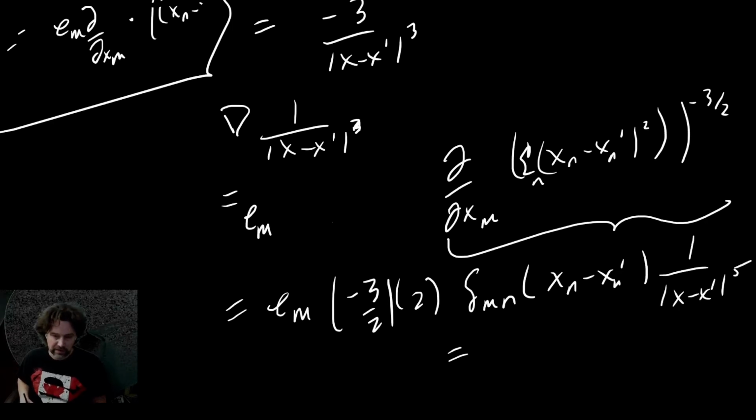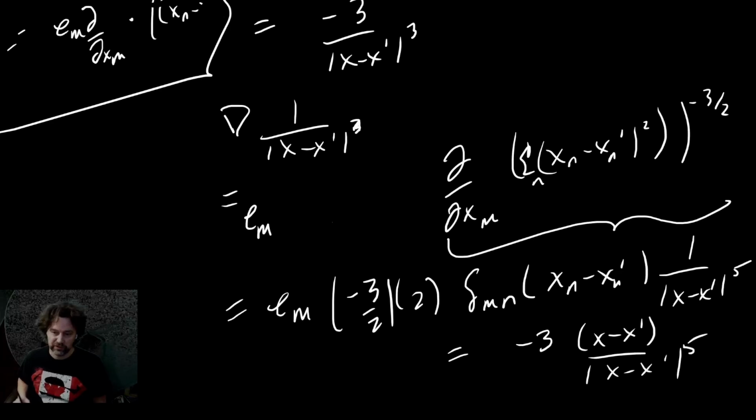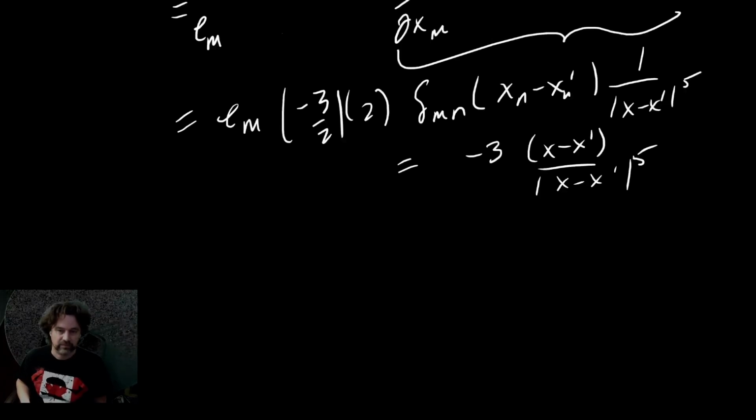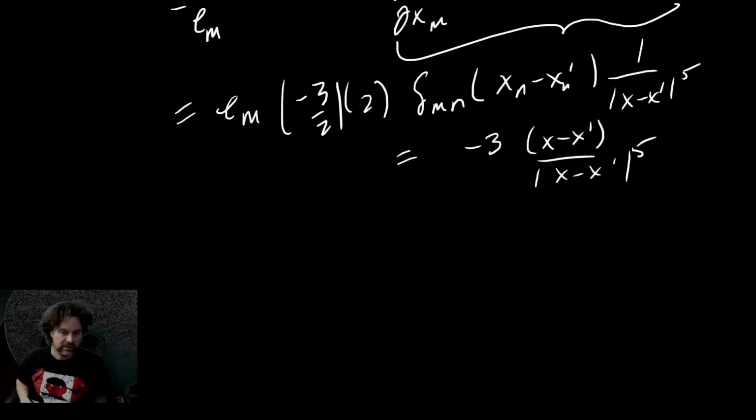So we have minus 3 (x minus x prime) all over |x minus x prime| to the fifth. And that was grad of 1 over |x minus x prime| cubed.